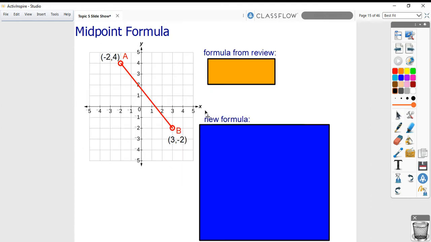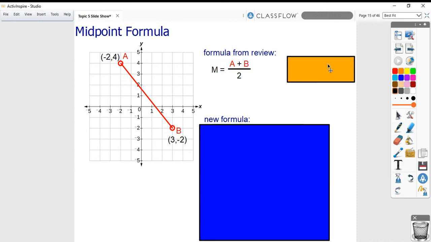That's a little bit more difficult to do, and it's not even possible to count one thing at a time going up a diagonal line like this. So here's the formula that we started with. When we were only working on the one number line, we found the average of the 2 endpoints, A plus B divided by 2.